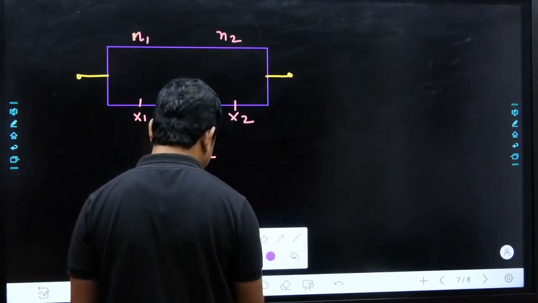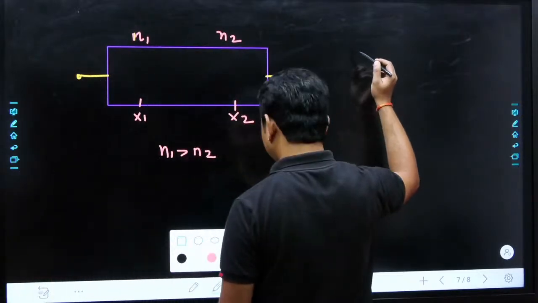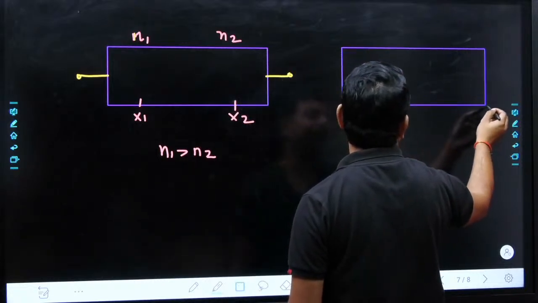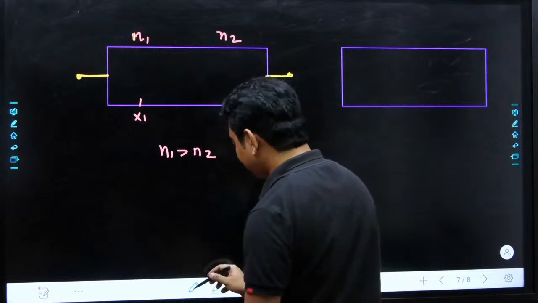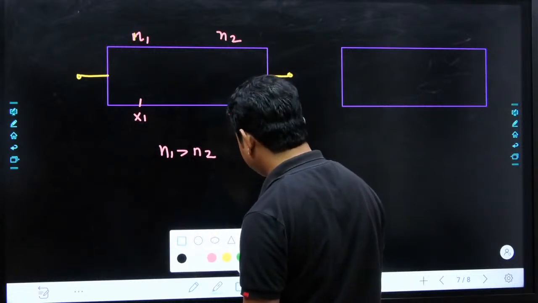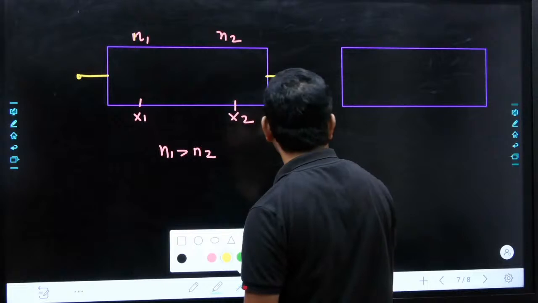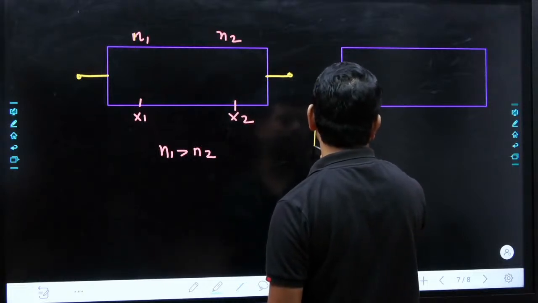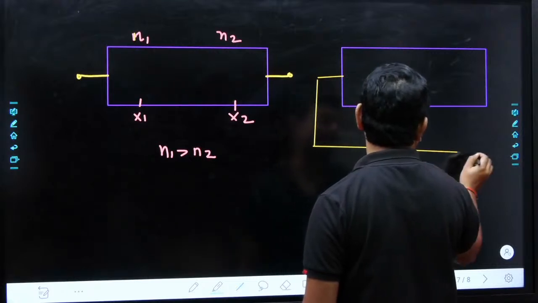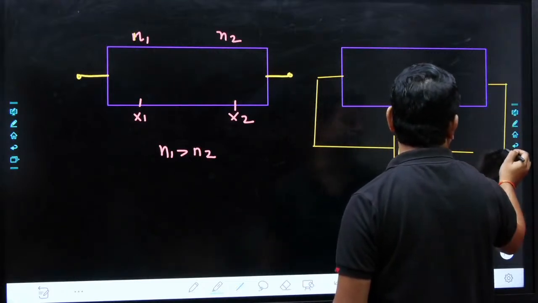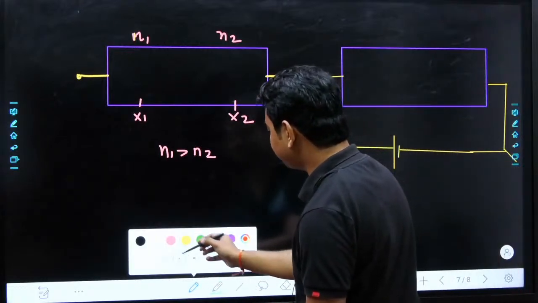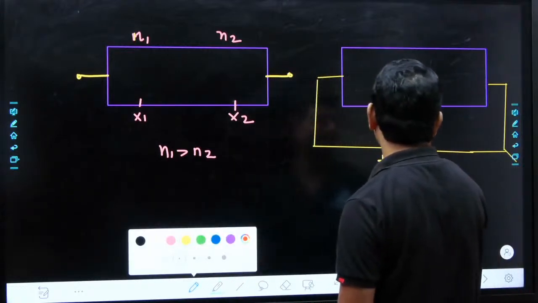Then again we take another one in which we apply an external potential. This will give an idea of how we supply the charge carriers externally. So, we have an external potential, and this is not an open circuit; it has some external potential applied externally. This will supply the electrons within the semiconductor constantly.